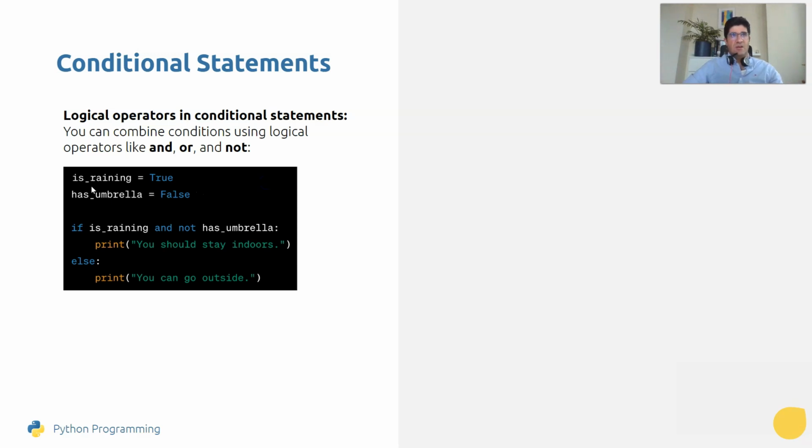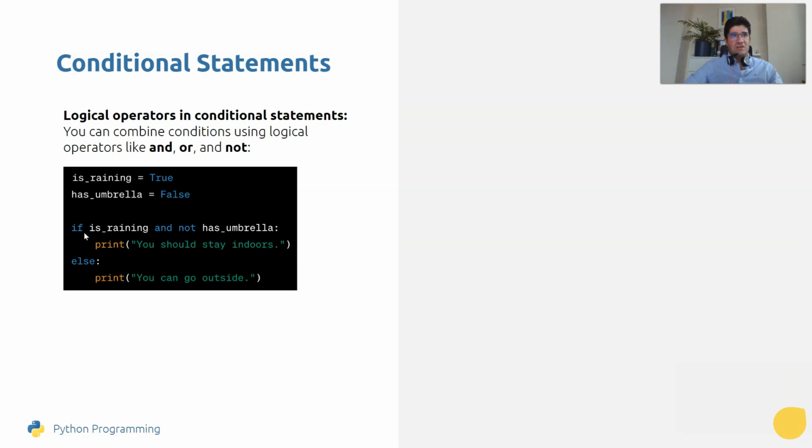For example, with multiple conditions, we have a variable is_raining equal to true and has_umbrella equal to false. In a normal day, if it's raining and you don't have an umbrella, you prefer to stay inside.